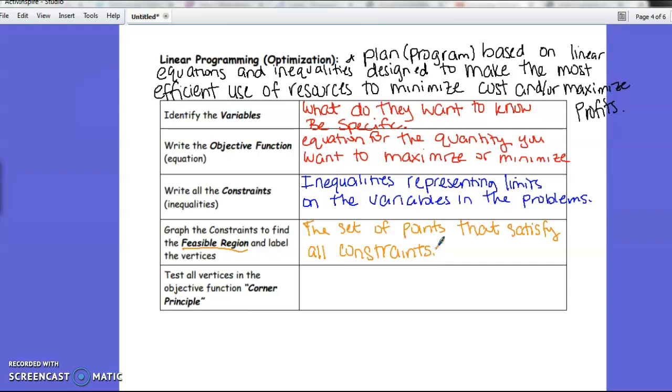So this is like your solution set. Test all vertices in the objective function. This is called the corner principle, and the optimal solution will always be one of these vertices.